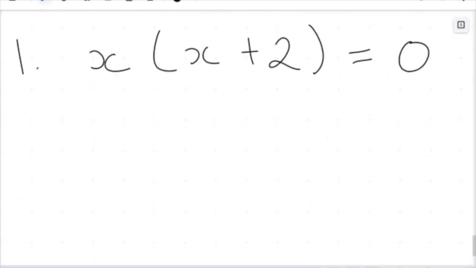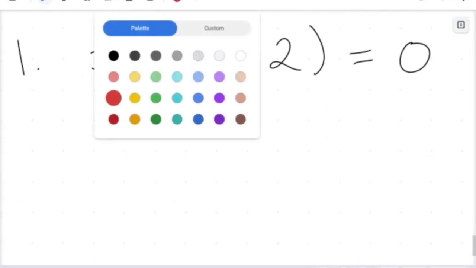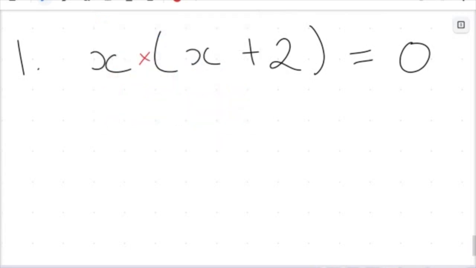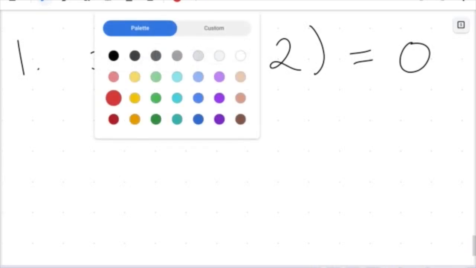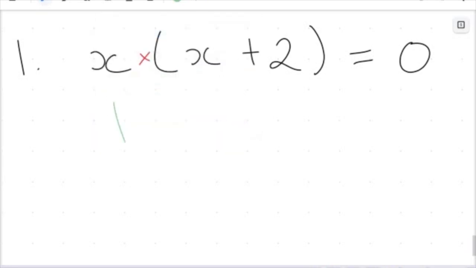So for this first equation, I have x outside of x plus 2 equals 0. So in other words, x times x plus 2 equals 0. Now, we have a 0 on the right hand side. So it means we have two possibilities here.